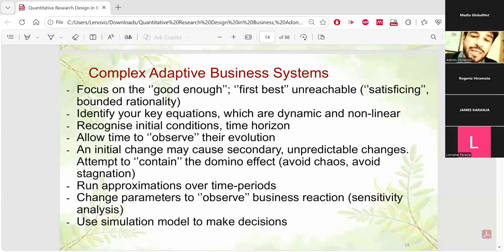So the idea is to try and contain the domino effect that's going to follow, the secondary changes, which could be unpredictable. And therefore, if we are in a position to do that, we're going to avoid chaos, but at the same time avoid stagnation. We still need to change, and we need to allow this to take place.